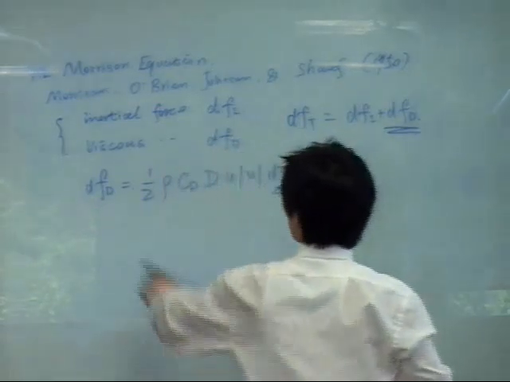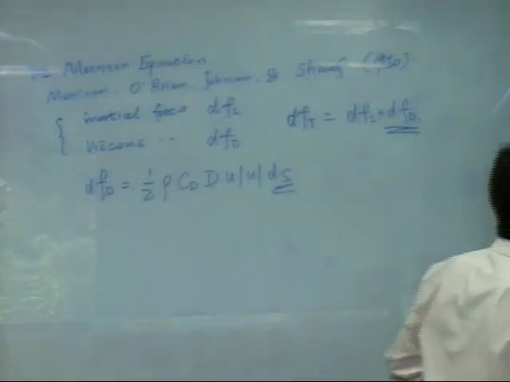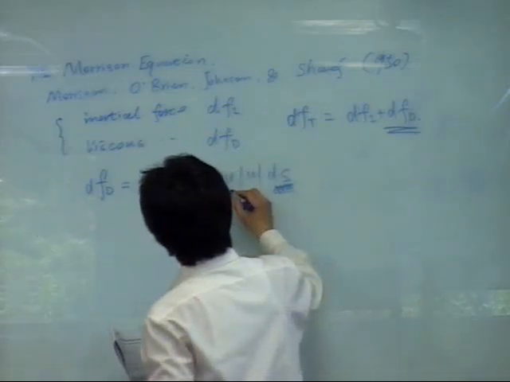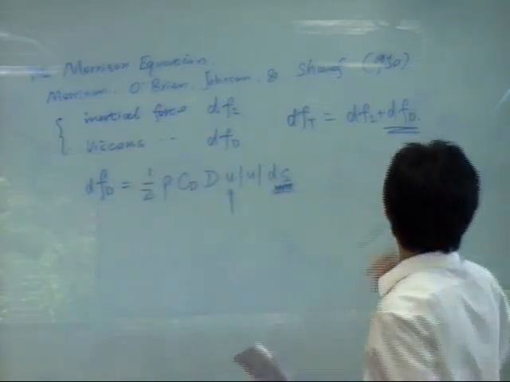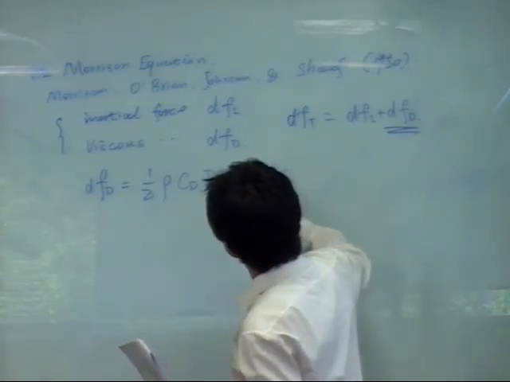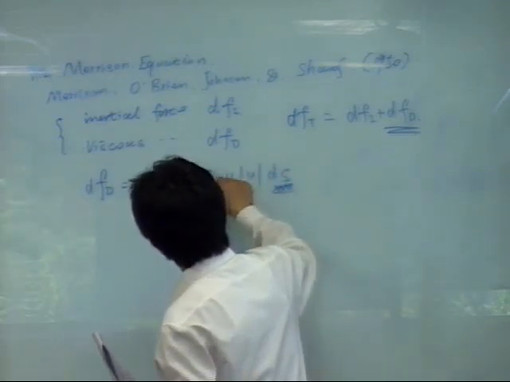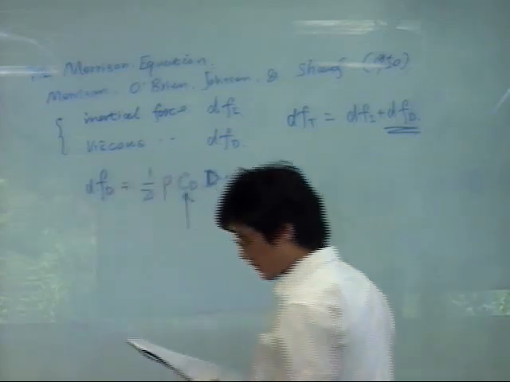Here D means this small section. This is the velocity of the water particle, and this is the magnitude, the absolute value of it. And this is the structure diameter, and this coefficient comes from experiments.